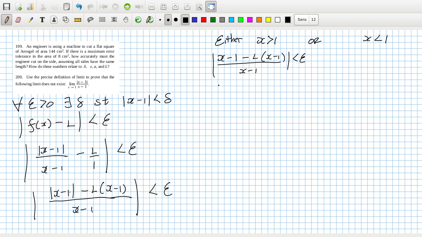So that would be x 1 minus L. This doesn't feel right. I think I should tackle this a different way.